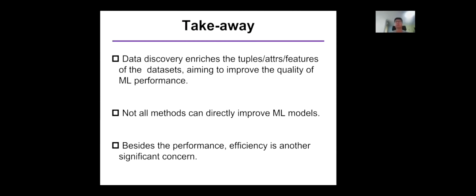They do not consider the machine learning performance. Besides the performance, efficiency is another significant concern because there are always a lot of tuples or tables in the data lake that we cannot train on. So we always use join, which is very inefficient.